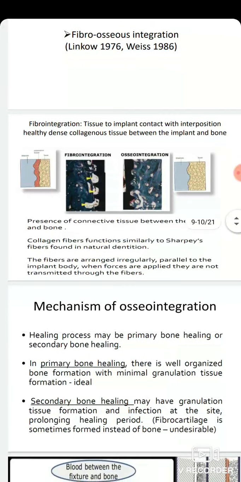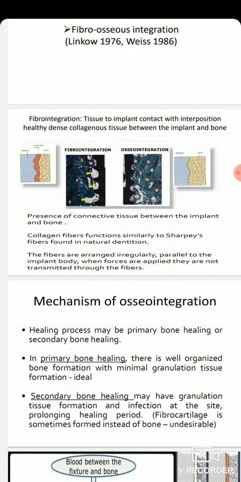Fibro-osseous integration, or fibrointegration, is a tissue to implant contact with interposition of healthy dense collagenous tissue between implant and bone. As you see in the first picture, there is an orange line which represents fibrous tissue, that is a connective tissue, presence of connective tissue between the implant and bone, which is absent in the osseointegrated surface in the last picture.